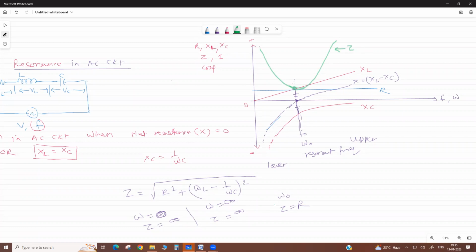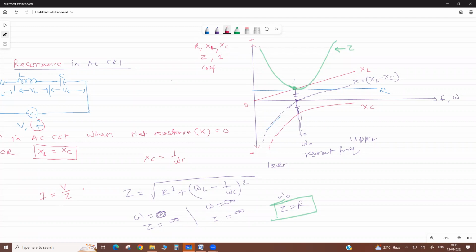It is Z equals R only. So at resonance, your circuit behaves like a resistive circuit. And what is the power factor? It is unity.